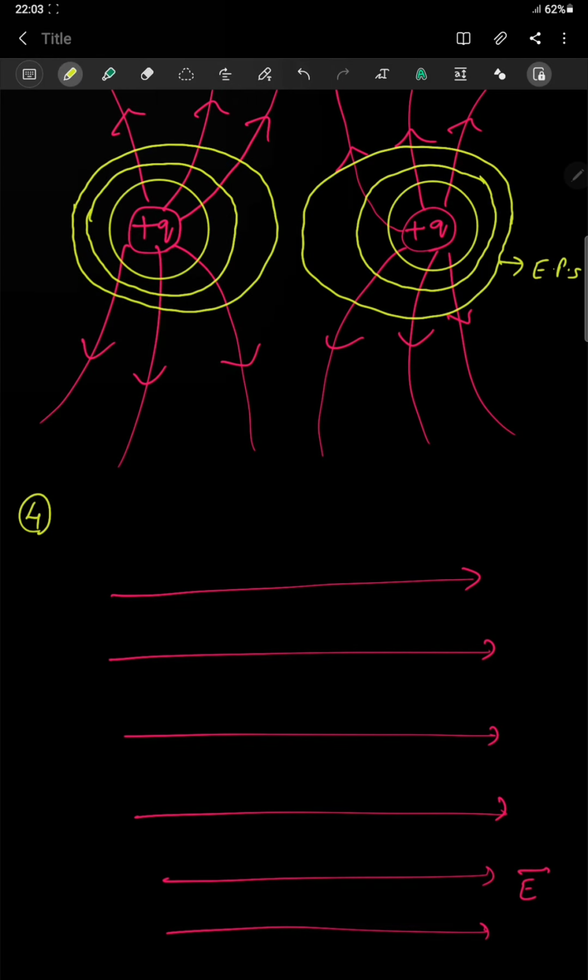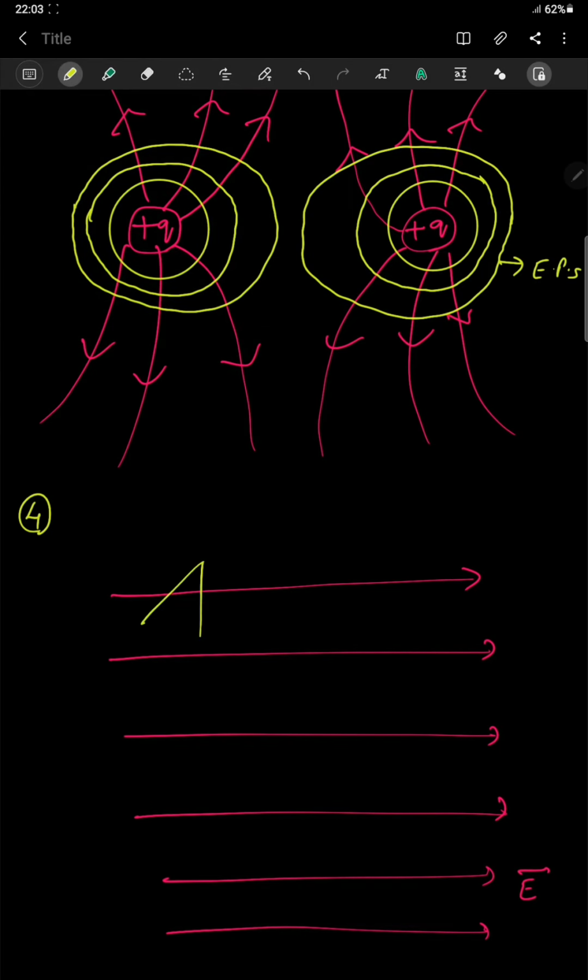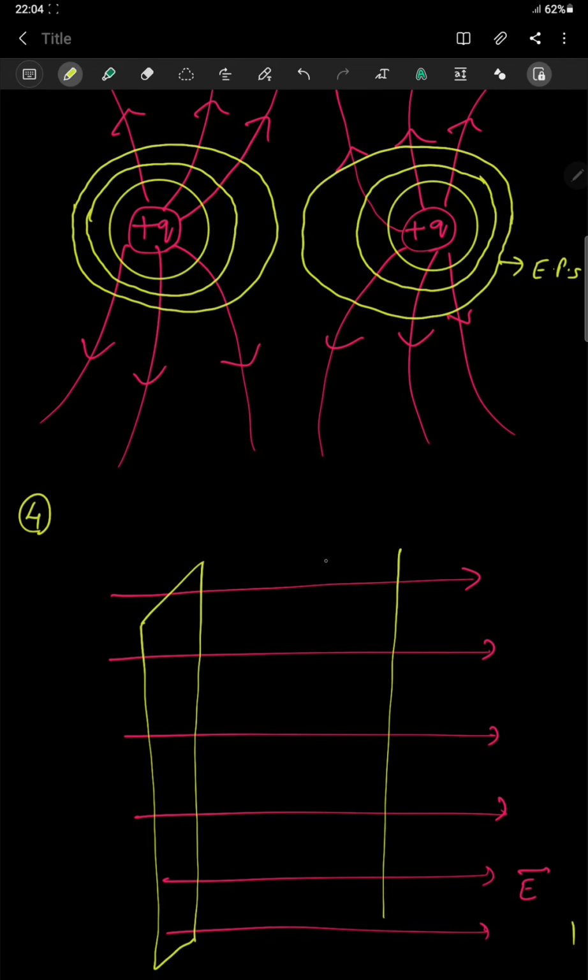Your equipotential surface will be the parallel planes which cut the uniform electric field. It will be in this manner. So these are your equipotential surfaces for the uniform electric field.